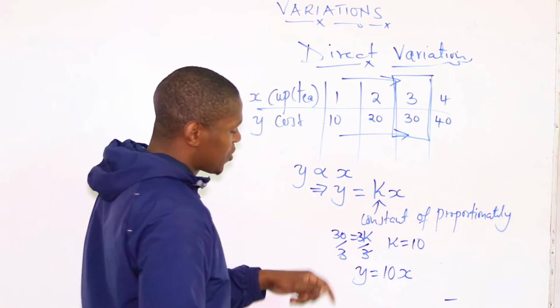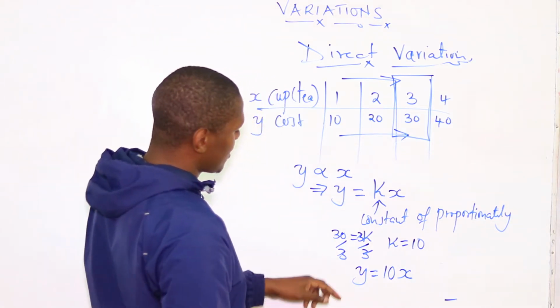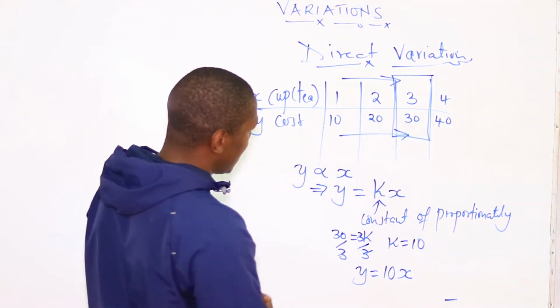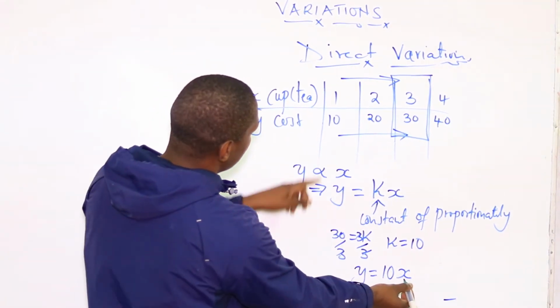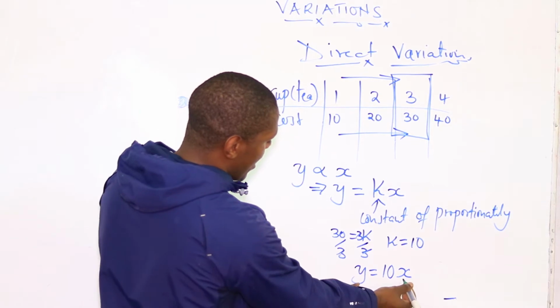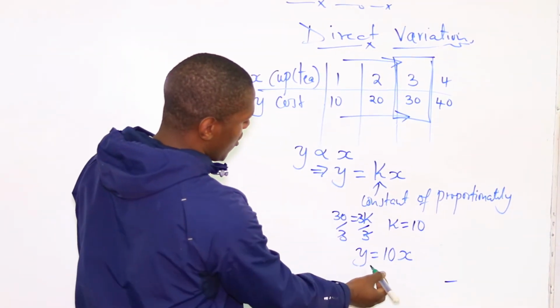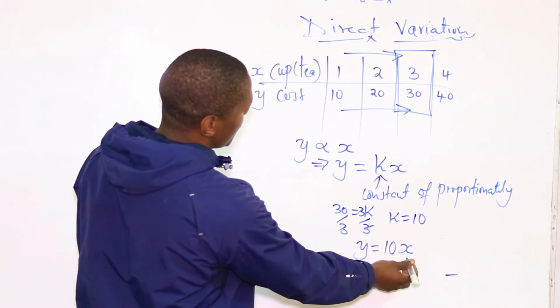10X. So if I'm asked what is the cost of 1 cup of tea, so X is the cup of tea. If I replace that with 1, Y will be 10. If I take X to be 2, our Y will be 20.